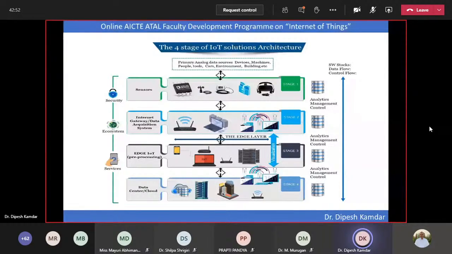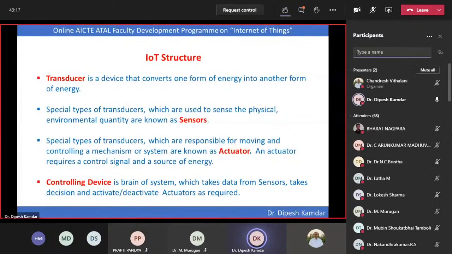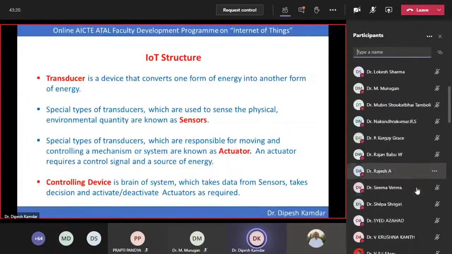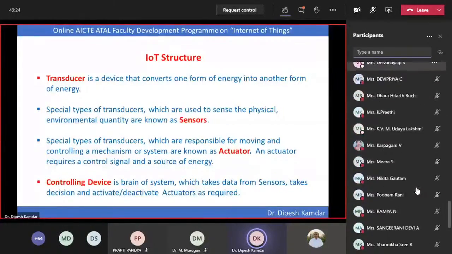Now, in today's session, we are going to learn about the IoT structures, the sensors, actuators, and what the IoT devices are. I would like to start with the transducer. A transducer is a device that converts any kind of energy into another form of energy. Special types of transducers which we can use to sense physical or environmental quantities are known as sensors.